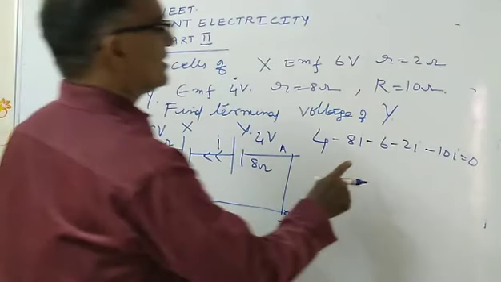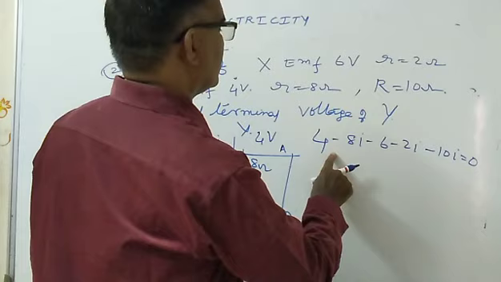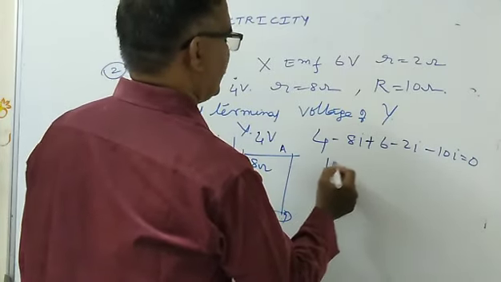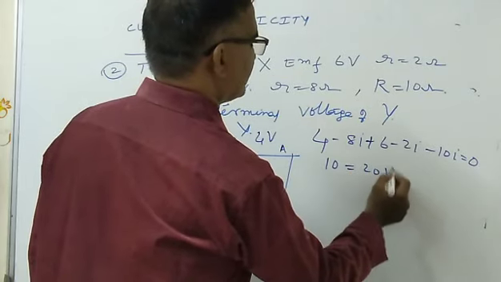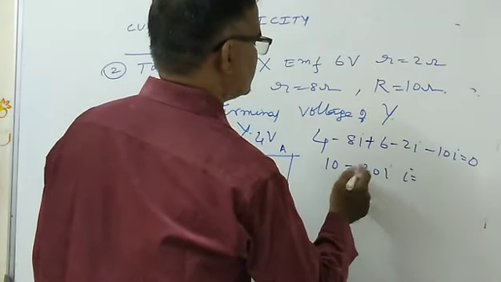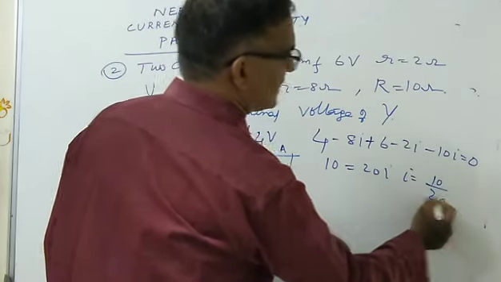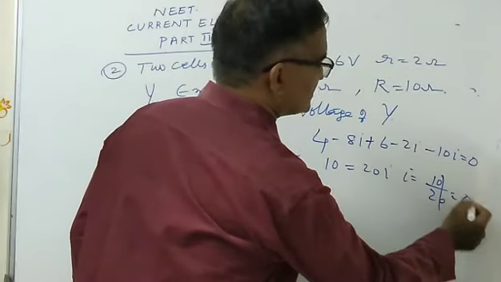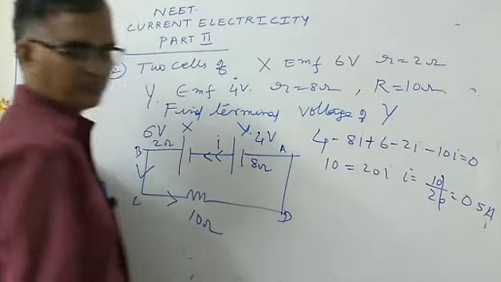Here the voltage is plus 4, so 10 is equal to 20I. I is equal to 10 by 20, that is 1 by 2, that is 0.5 amperes.